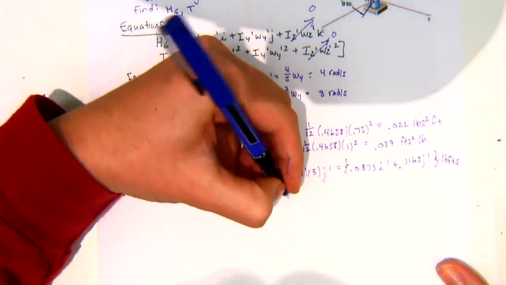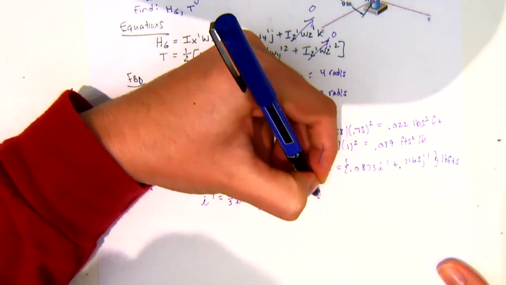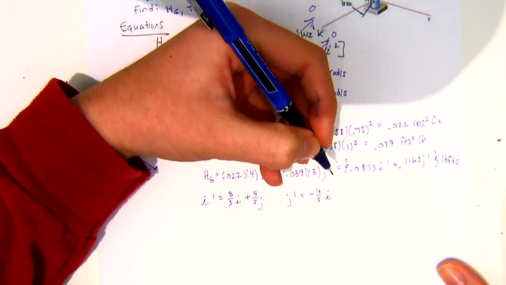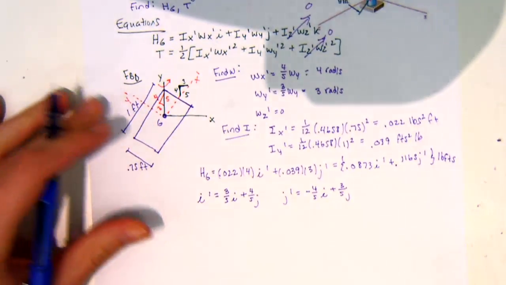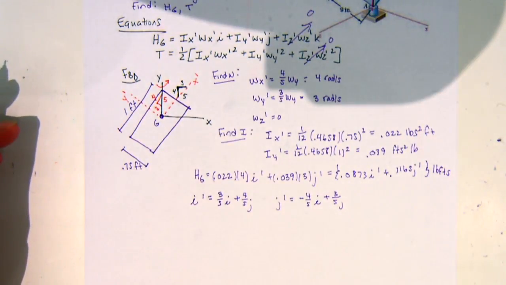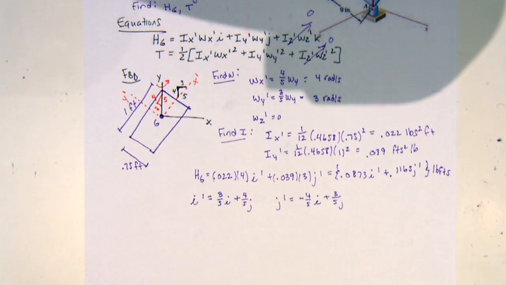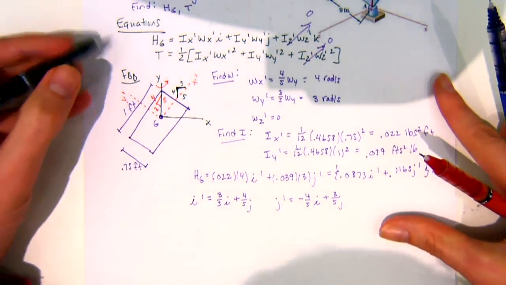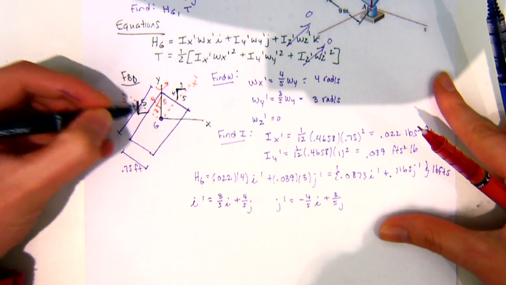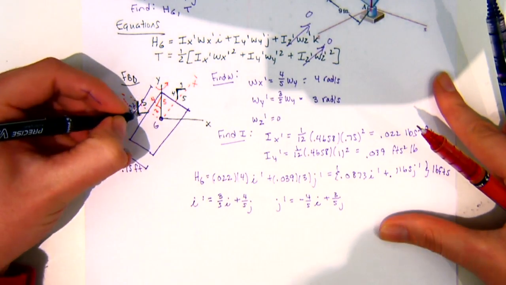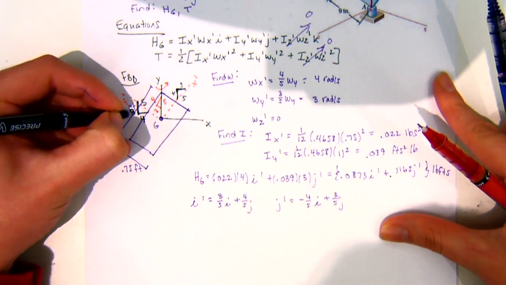So my j prime will be negative 4/5 i plus 3/5 j. So do you guys see how if I were to draw this on this one here, this is 5, this is 4, that component is 3.